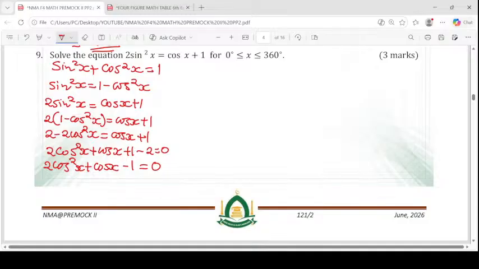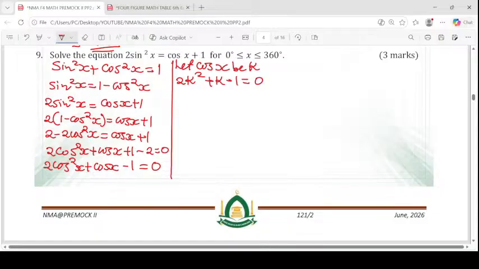And in this particular case, I can now say, let cos x be k. If that is the case, I'm now going to have this as 2k squared plus k minus 1 is equal to 0.